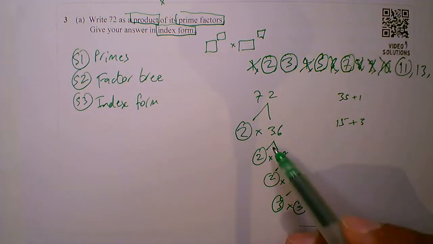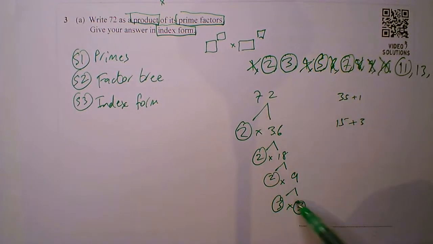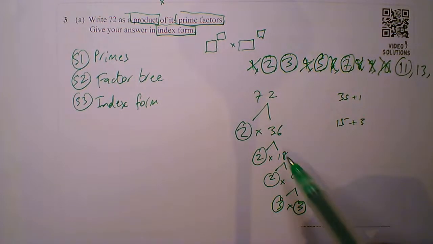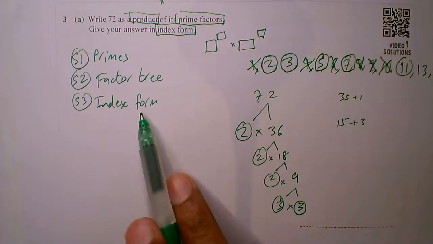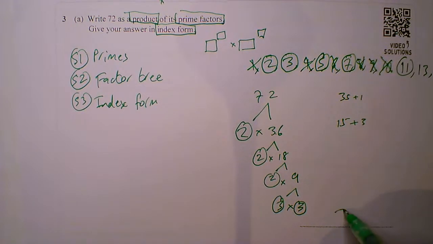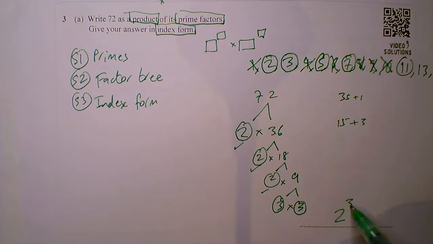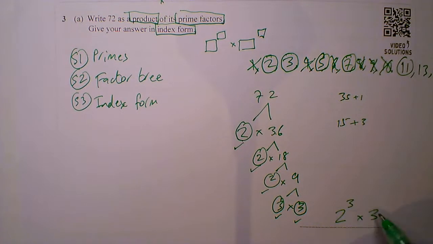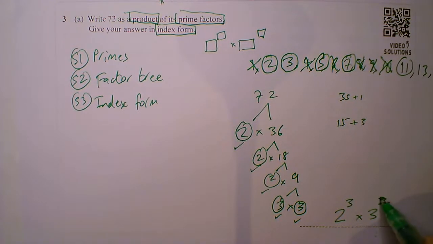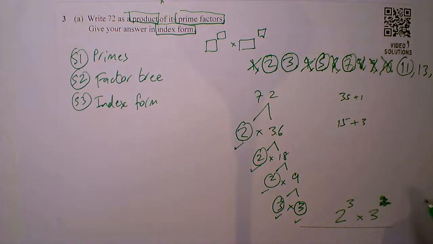Now everything is circled, so I'm circling my primes as I go along, so it's easier for me to write things at the end. So now I need to put it in index form. I've got 2 happening once, twice, 3 times, to the power 3, times 3 times 3, and there's once, twice, squared. 2 cubed times 3 squared.